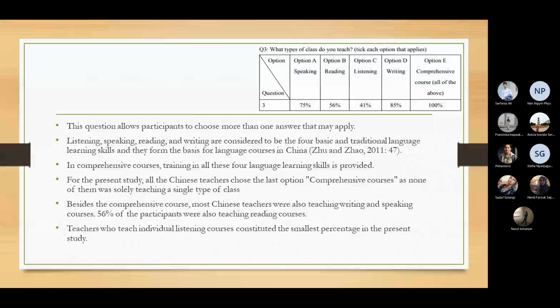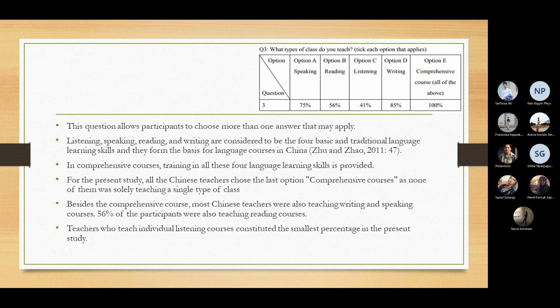You can notice that 56% of participants were also teaching the reading courses. The percentage is just given to show the figures for all those teachers. The teachers who teach individual listening courses constituted the smallest percentage in the present study.